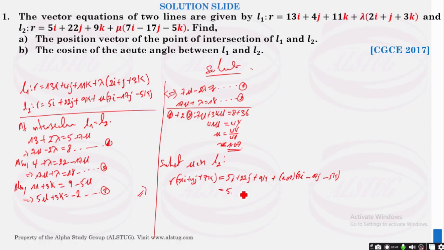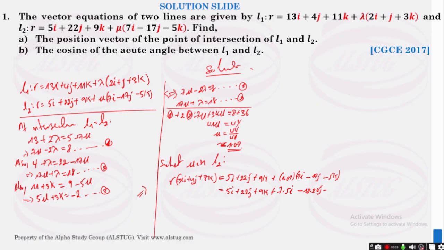This will leave us with 5i plus 22j plus 9k plus 1.07 times 7, which gives us 7.5i, minus 1.07 times 17, which gives us 18.24j.